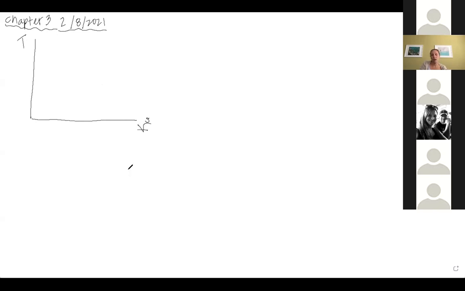And here we have a diagram that looks something like this. We have an increase, then a plateau, and then an increase.